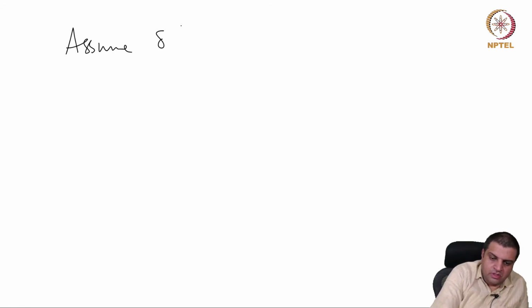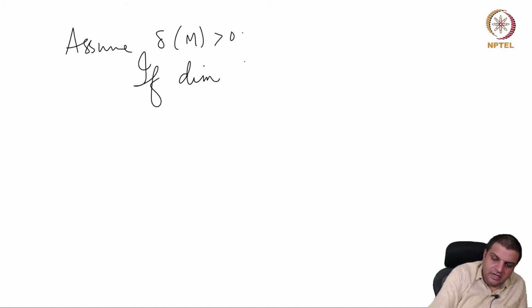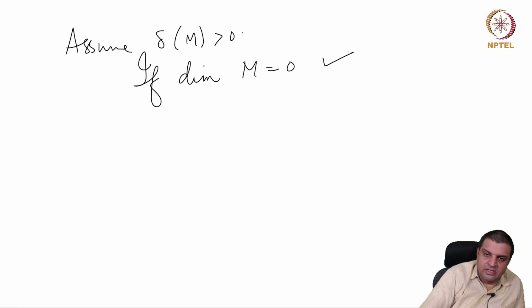Okay, so now assume that delta of M is positive. If the dimension of M is 0, then we are okay, there is nothing to prove.